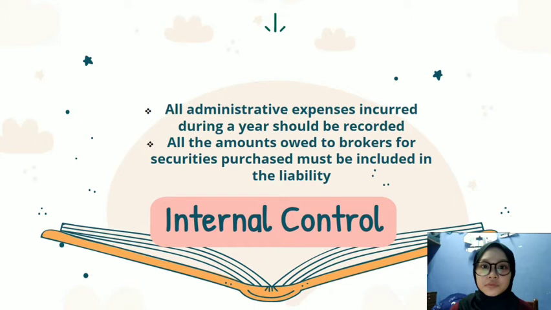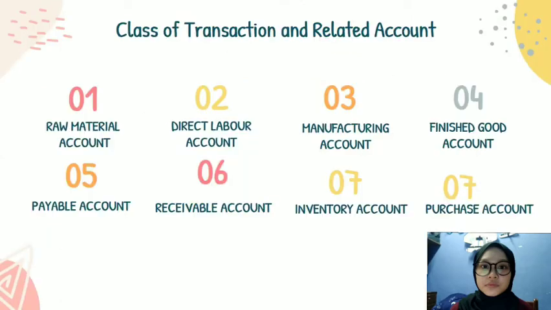The internal control for completeness is that all the administrative expenses incurred during a year should be recorded. Next, all the amounts owed to brokers for security purchases must be included in the liability.